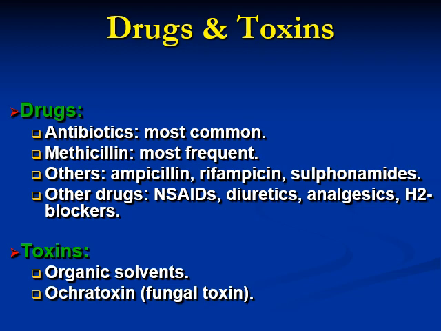Other groups of drugs include analgesics, non-steroidal anti-inflammatory drugs, H2 blockers, and diuretics. As well, toxins can induce an acute interstitial nephritis, including organic solvents and the fungal toxin ochratoxin.